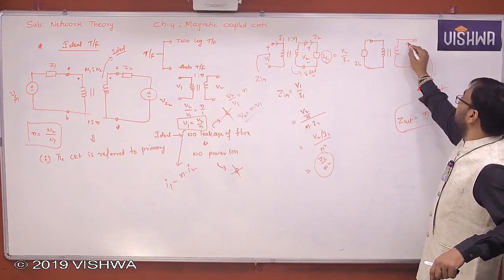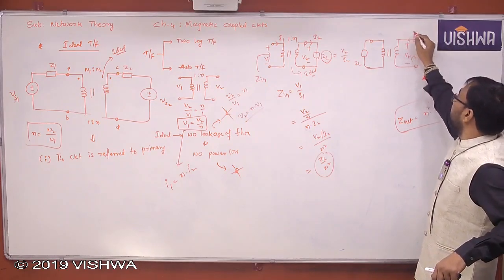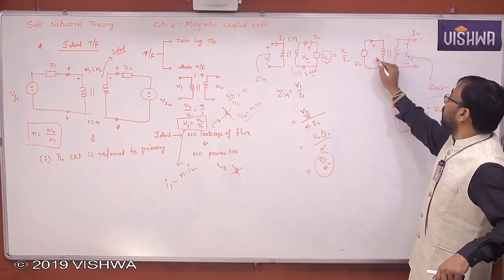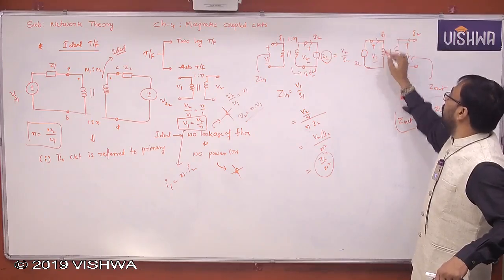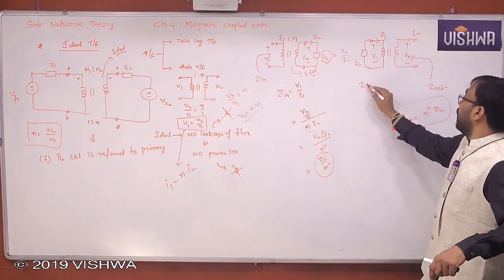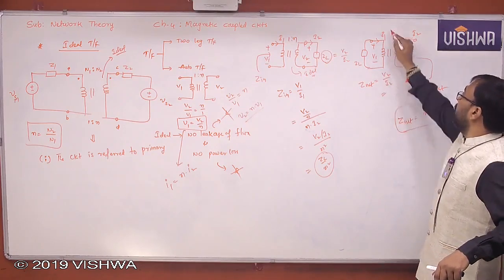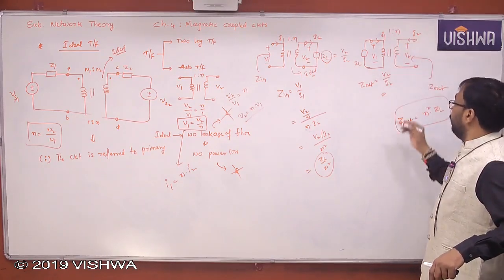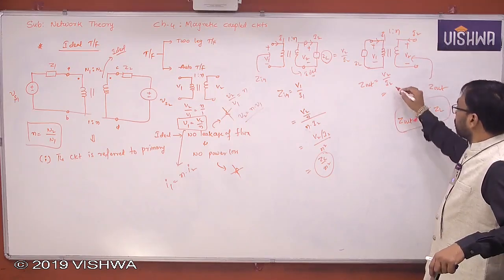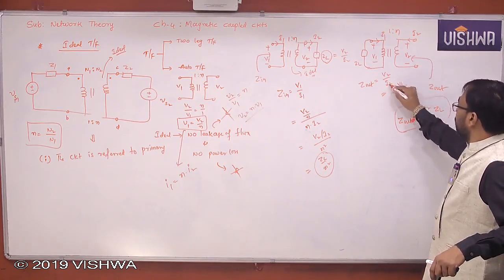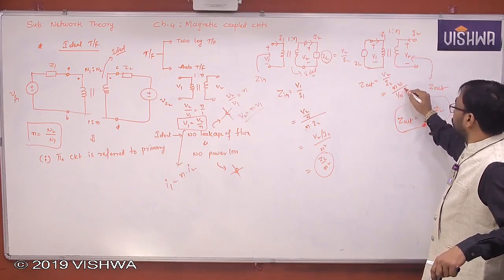If you want, you can see here, this is V2, this is I2, this is V1, this is I1. Yes or no, all of you? But I want Zout to be V2 by I2. I already know V2 is n times V1, and the current is 1 by n times I1.